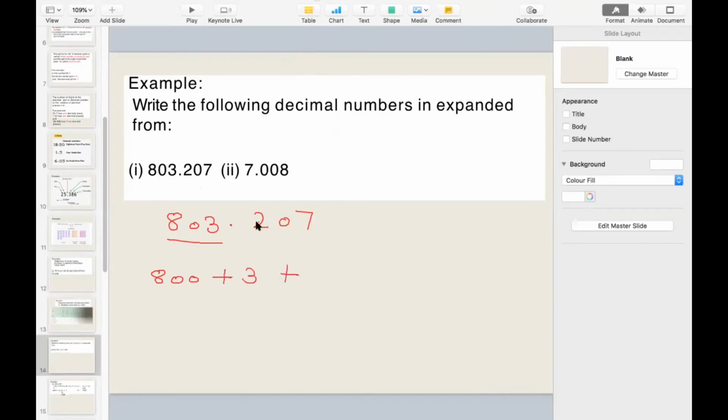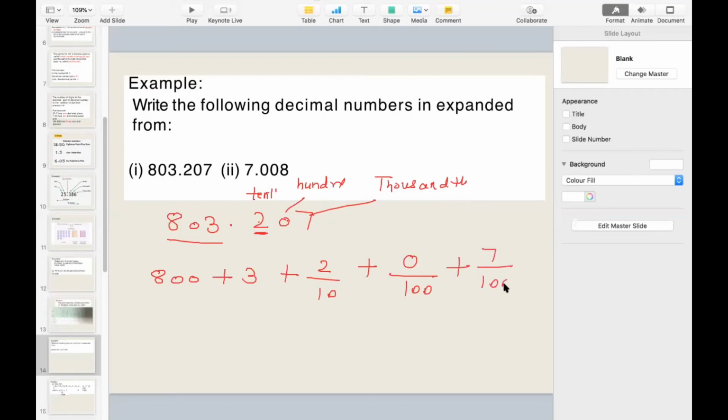Now 2 is at the tenth place, this is the hundredth place, and that 7 is at the thousandth place. Now the value of this 2 is 2 upon 10. Then 0 upon 100 and then 7 upon 1000. Let's see it more clearly.